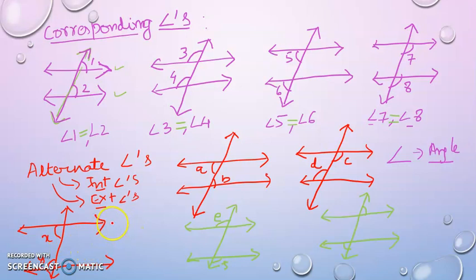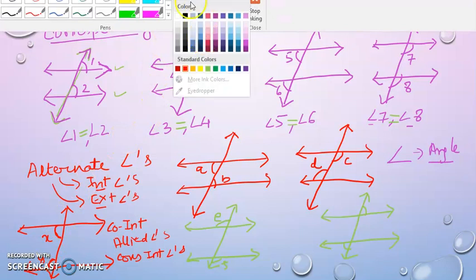They are also called co-interior, they're also called allied angles, and they're also called consecutive interior angles. I'm repeating again, interior angles on the same side of transversal, this angle X and angle Y. Similarly you can do this on the other side, let me change the marker.